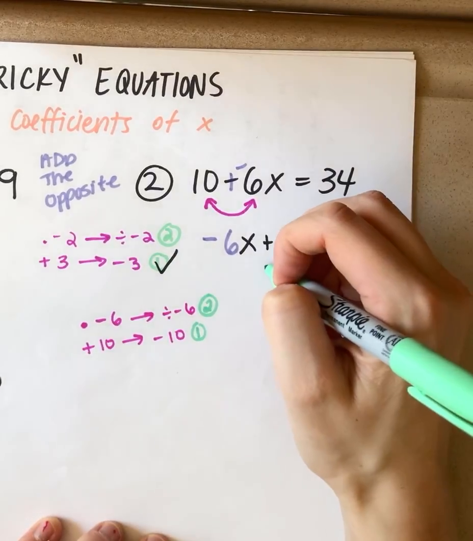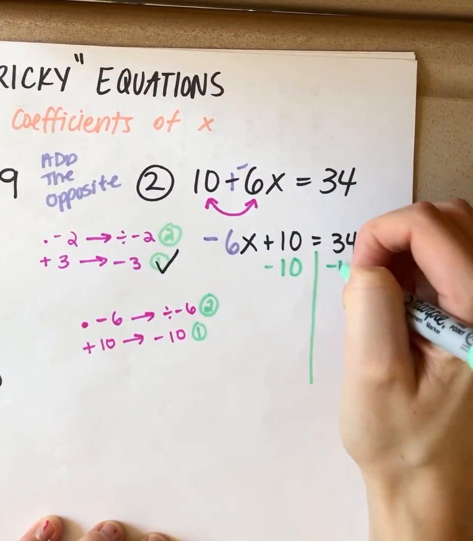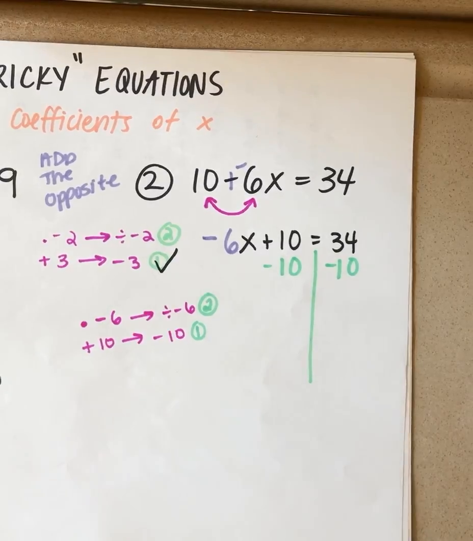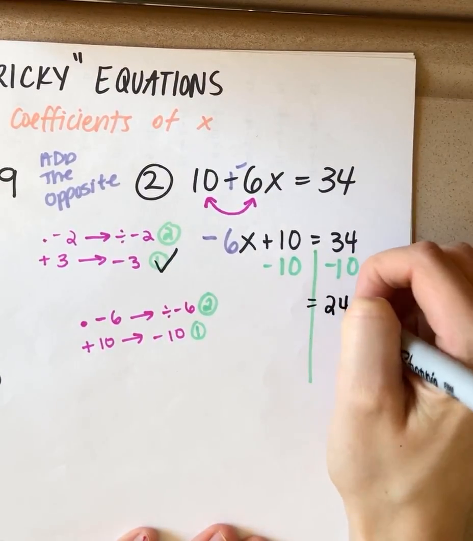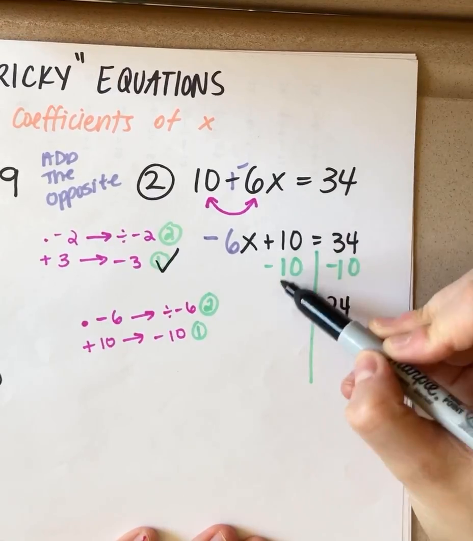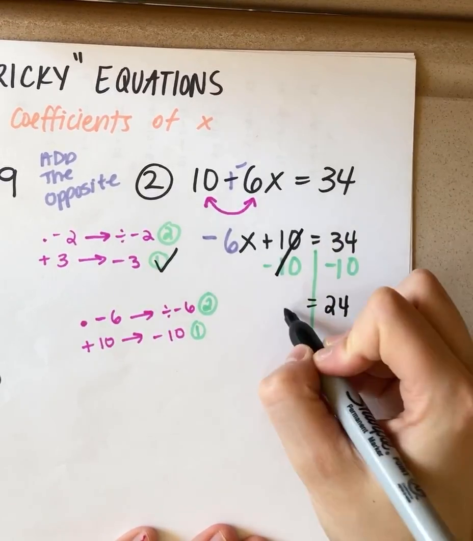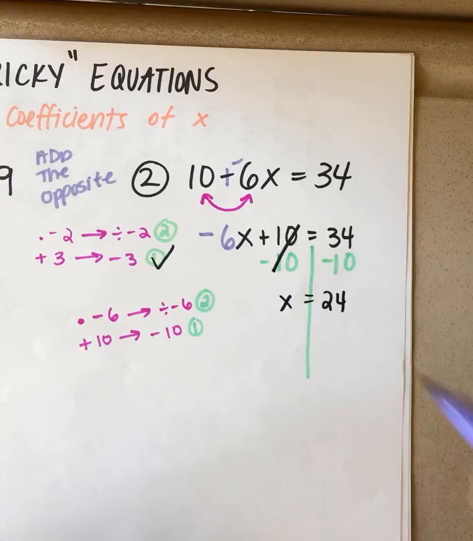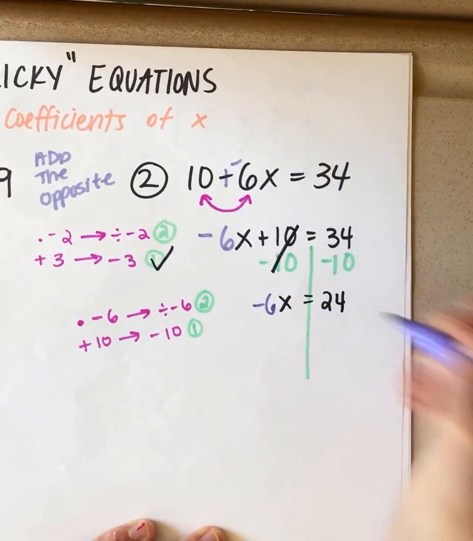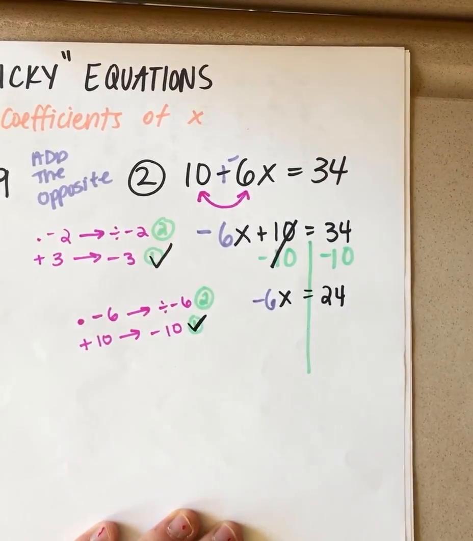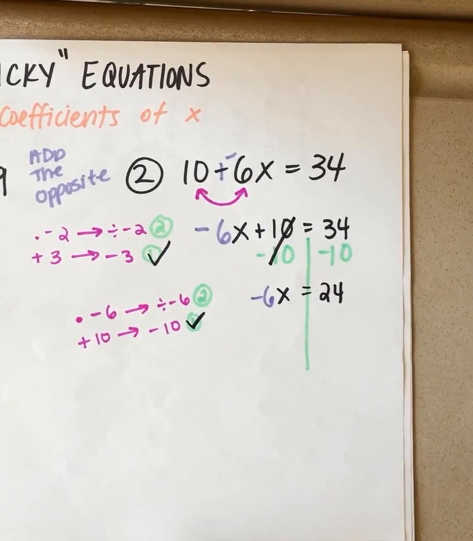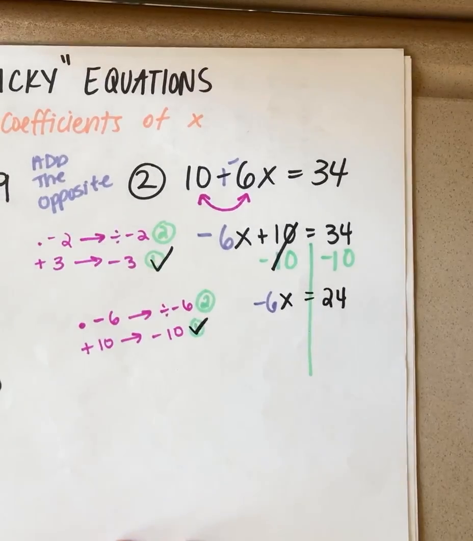On both sides of my equal sign, I will subtract 10, and I'm going to line that up nice and neat. 34 minus 10, that's 24. 10 and negative 10 cancel, and I am left with negative 6x. I stop. I have completed that step. I'll check it off. And my next step is to divide through by negative 6.